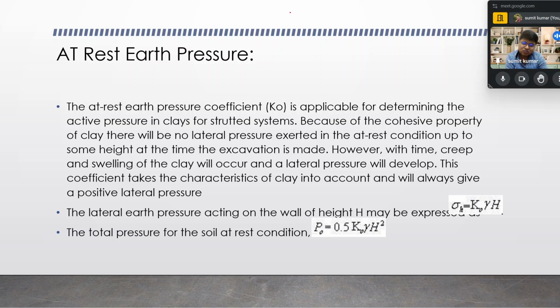So over here first of all you see a case in which we are drawing the effective stress diagram, and when we talk about the total pressure, the value is gamma z, gamma h basically if the height is h.